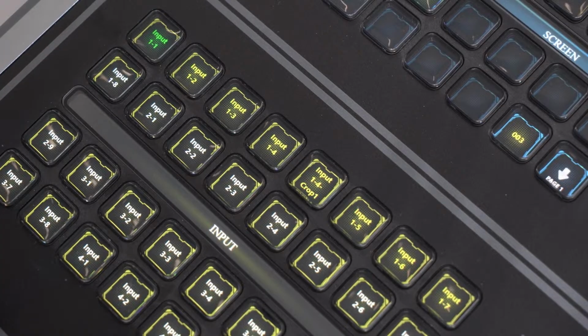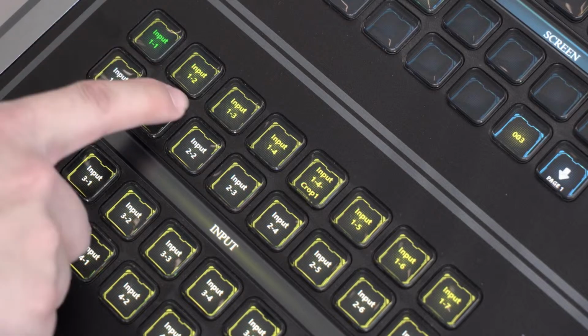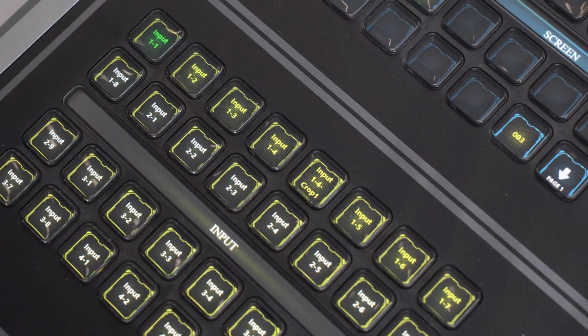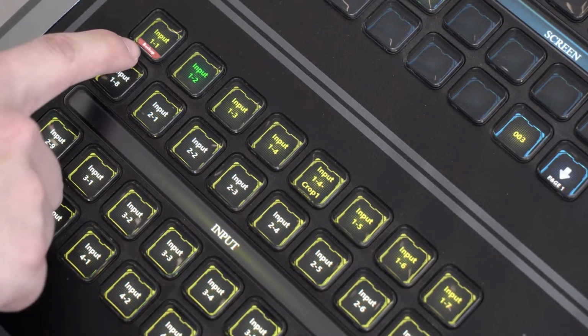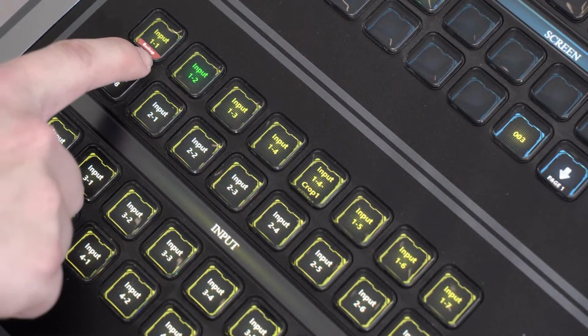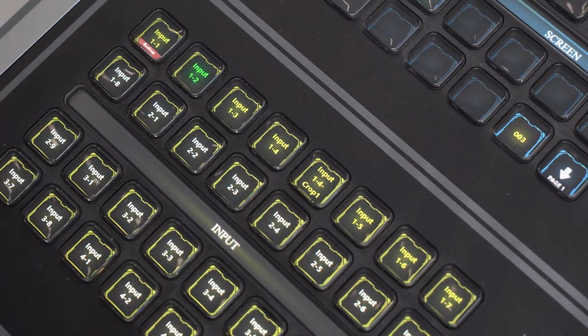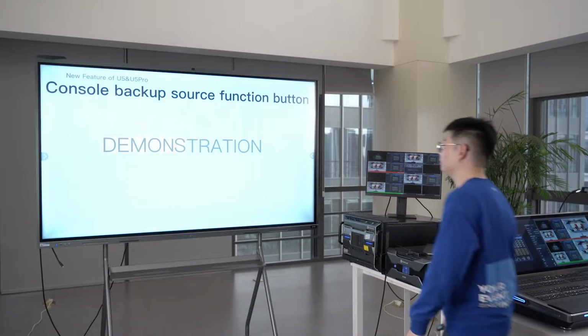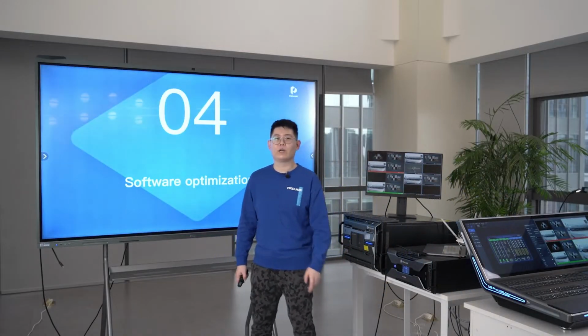And now I'm using the primary source, input 1.1. As you can see, it's just normal status. But if I switch the source to input 1.2, you can see here there's a backup indicator, indicating that input 1.1 is using the backup source. Okay, that's all the new features for U5 and U5 Pro.